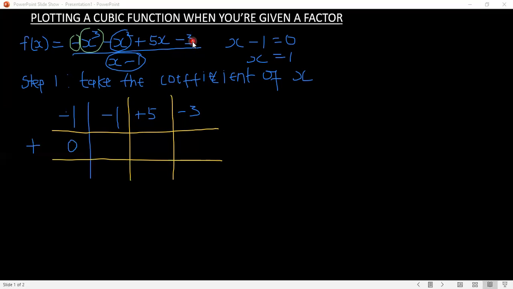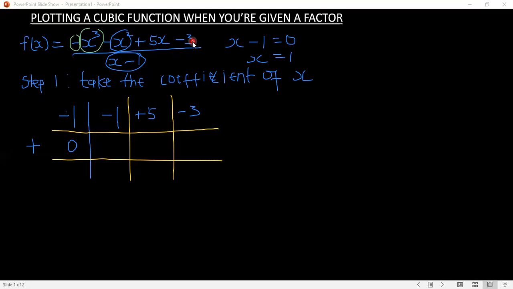Yes, there is long division, there is inspection, where you factorize by inspection. But guys, I prefer synthetic division because this one is easy and straightforward compared to long division. Long division, you might get confused during your examination.